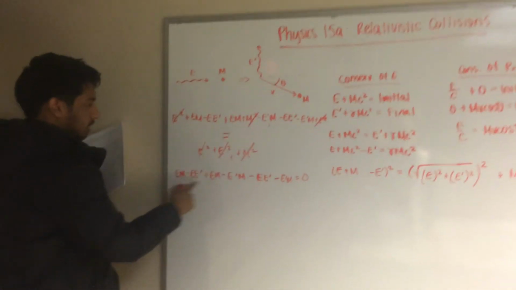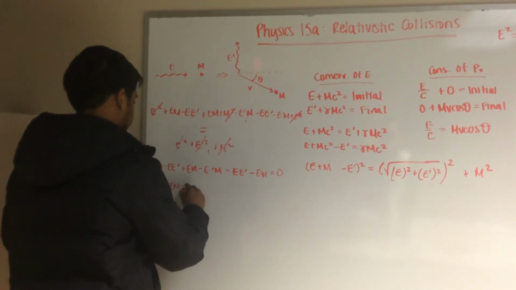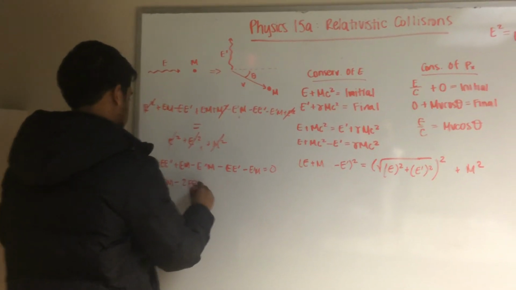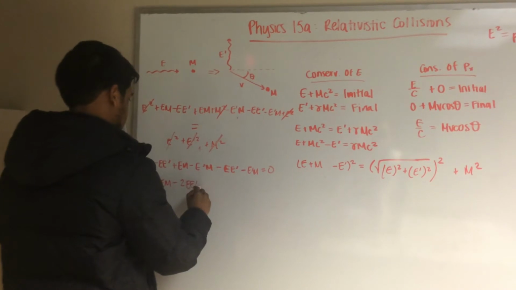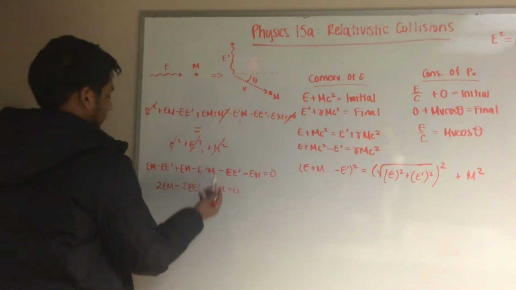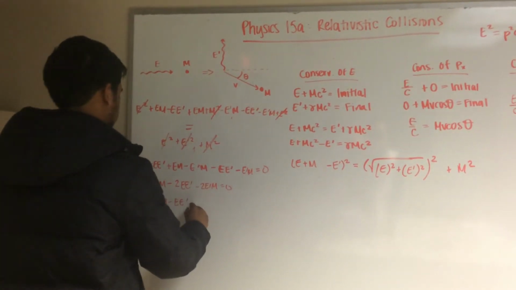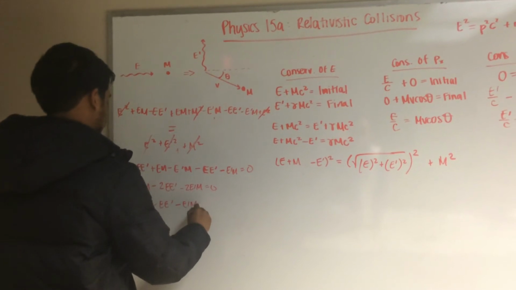Now we're going to combine like terms. As you can see, there are many of them. You're going to have 2EM minus 2E prime minus 2E prime M equals 0. Then you can cancel the 2's. EM minus E prime minus E prime M equals 0.